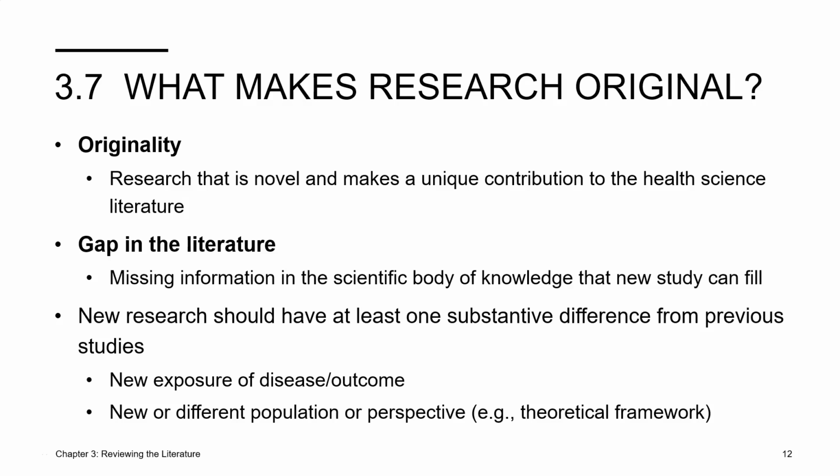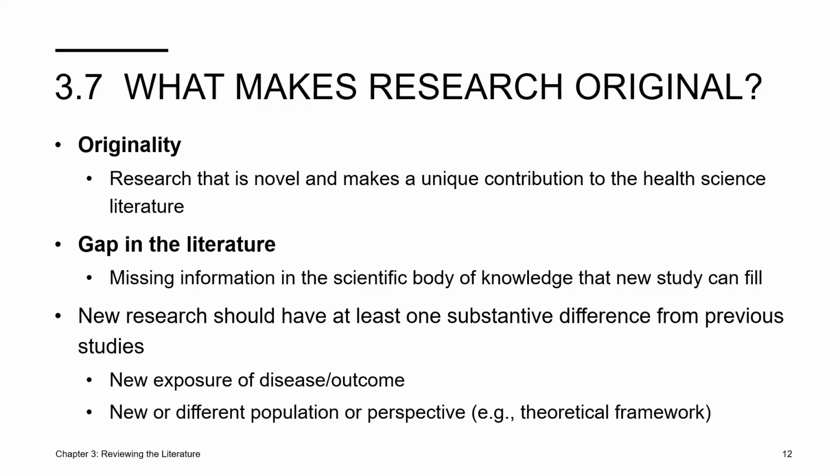Sometimes students have trouble understanding this, but what you want to understand is that you want to find a way that what you're doing contributes to what has already been published. It may be that you're replicating a previous study, but doing it in a new population. Or it may be that you're revising a previous study and looking at the measures that were used, but you ask your questions in a different way.